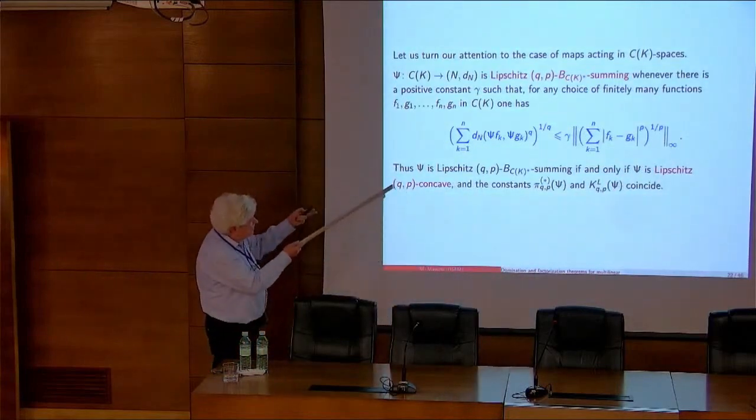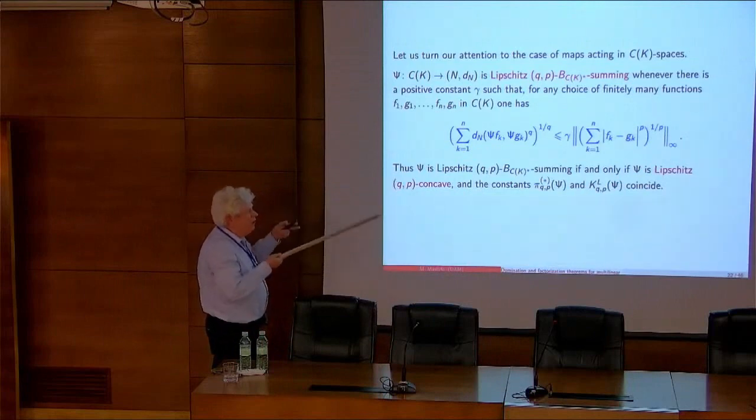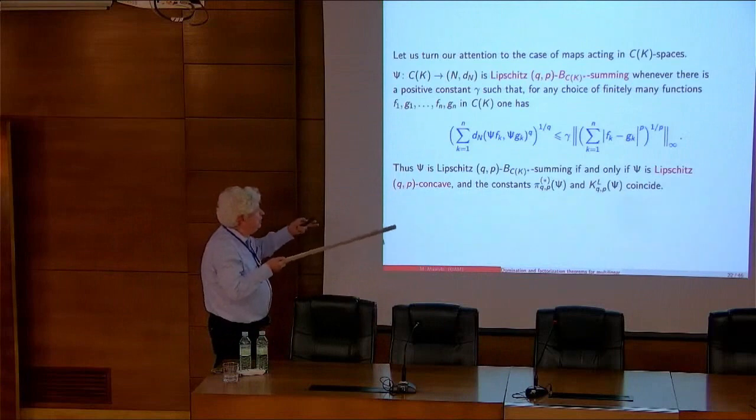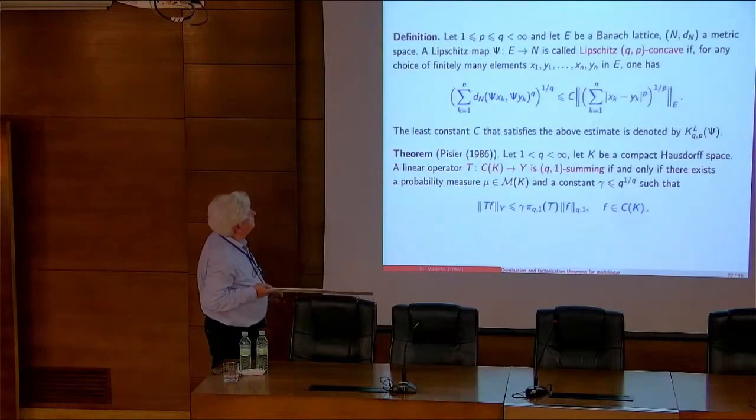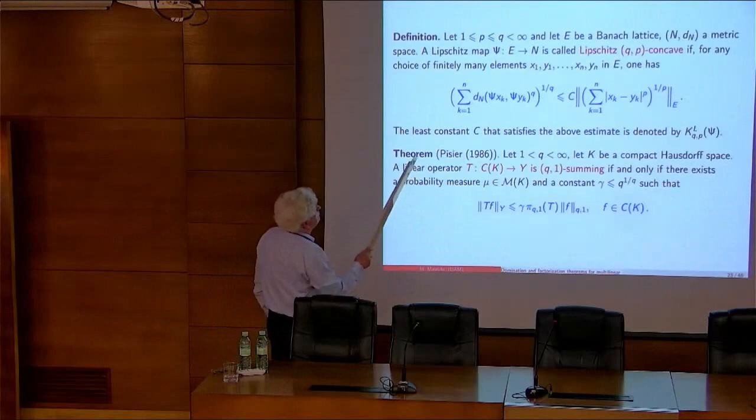So roughly speaking, this means, in the sense of an extension of the notion of Q,P-concave in the lattice, this is exactly what we are saying here. So this is exactly the definition of being Lipschitz Q,P-concave.